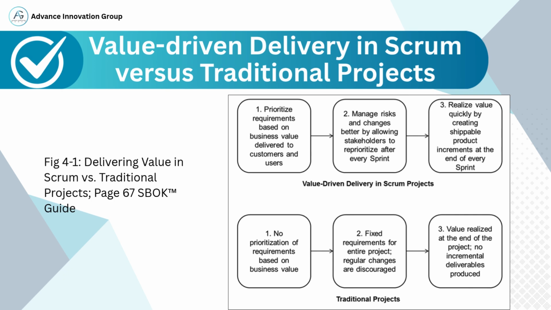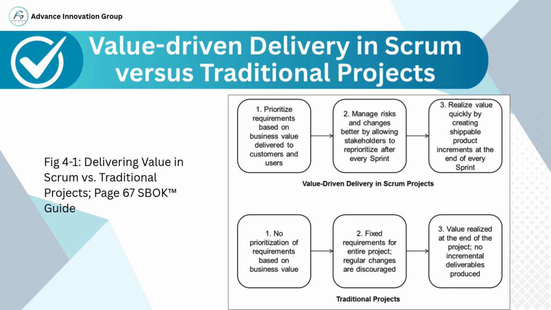In Scrum, first, requirements are prioritized based on business value to customers and users. Second, risks and changes are continuously managed by allowing stakeholders to reprioritize requirements after each sprint. Third, value is realized early and continuously through shippable product increments delivered at the end of every sprint.